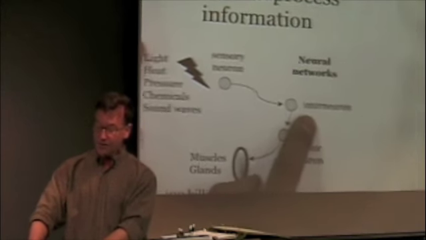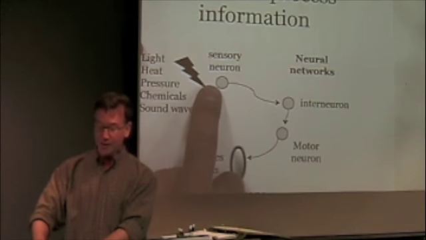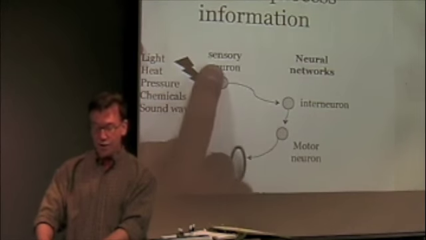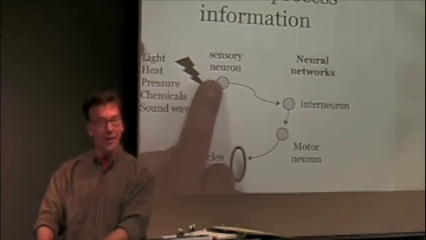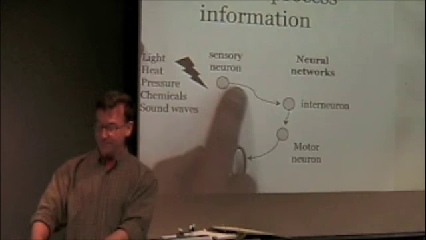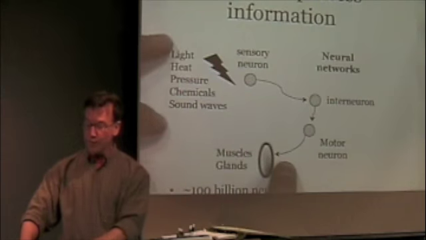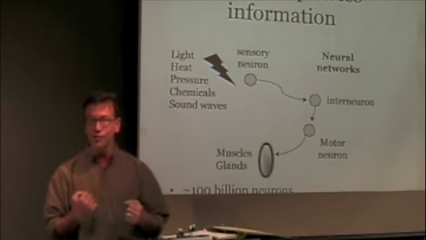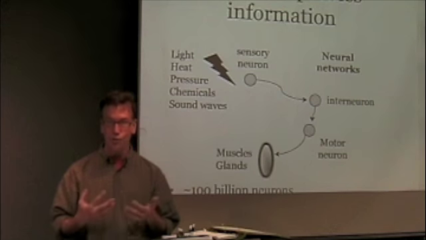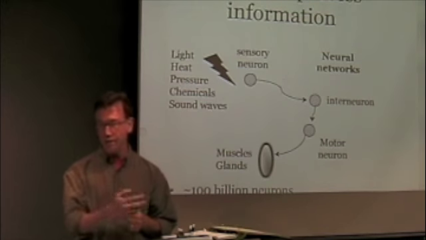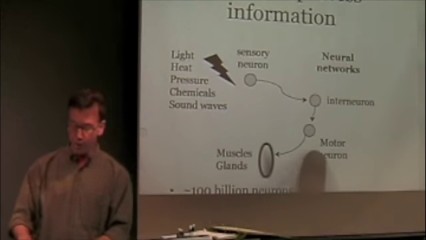What I've written here is a neuron that is between the neuron that is sensing what's happening in your environment and the neuron that is going to provoke some sort of a response in your muscles or your glands, that will actually produce some sort of behavioral response to the information, which is called a motor neuron.